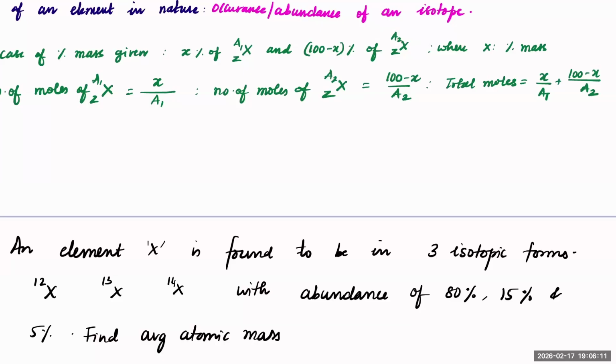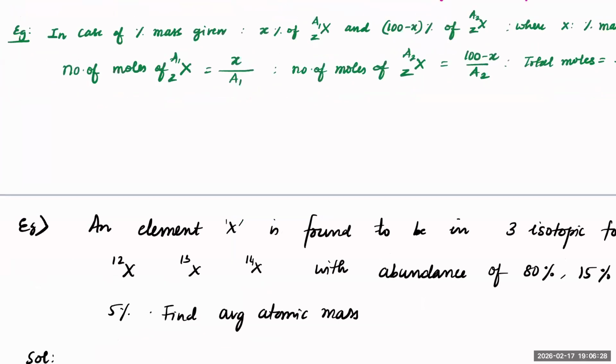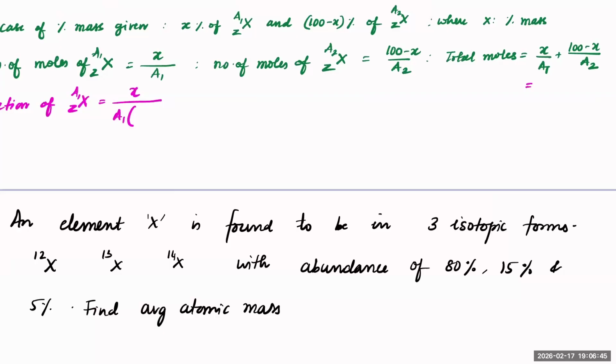All good? Yes. Right. So now, if I take the moles of each and divide by this total moles, what do I get? I will get the mole fraction. So let me put that. Mole fraction of X A1 Z will be equal to x by A1 into this total. The total, let me call it capital Y, beta.